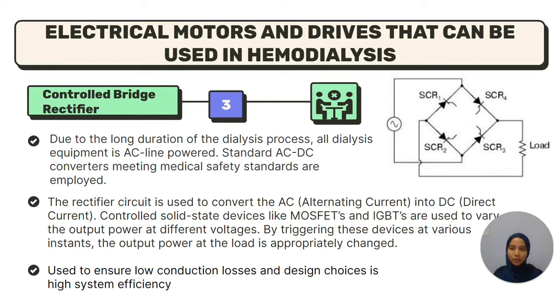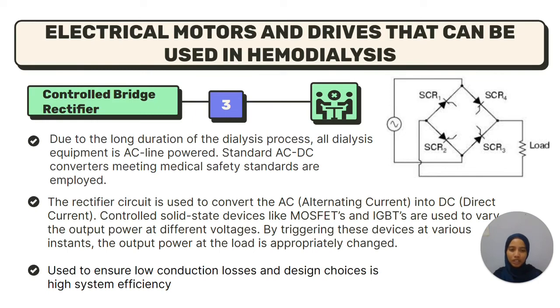Next is the control bridge rectifier. Due to the long duration of the dialysis process, all dialysis equipment is powered from AC line power. Standard AC-DC converters meeting medical safety standards are employed. The rectifier circuit is used to convert the AC into DC. Controlled solid-state devices like MOSFET and IGBT are used to vary the output power at different voltages.